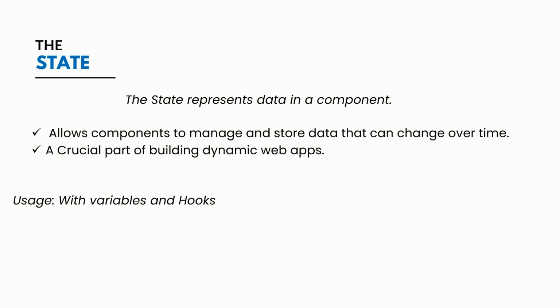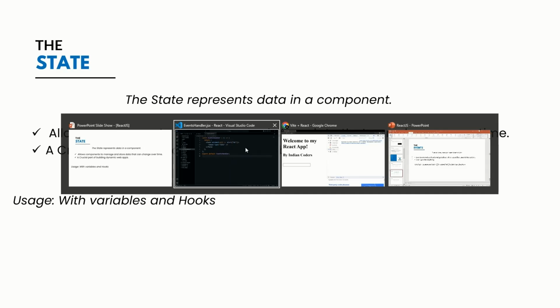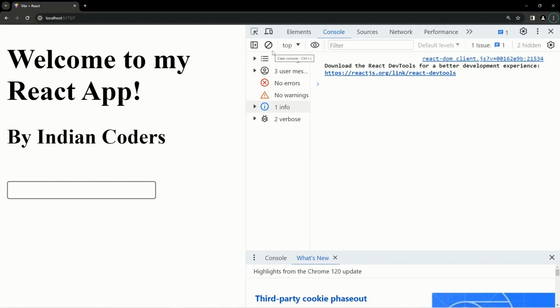You don't need to manually update the DOM. So for using the state, we need to use hooks, and the variables approach is not the preferred way. It is not even recommended by React. The hook we want to use for the state is the useState hook. So it was all theory, and I know it could be a bit complicated for you.